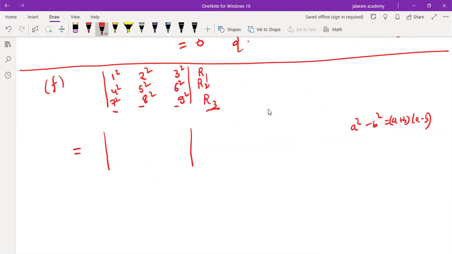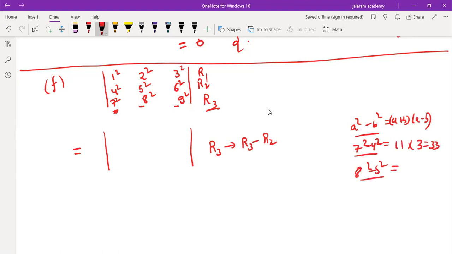So if you subtract R3 minus R2, what will you get? 7 minus 4 into 7 plus 4, using the property a square minus b square. 7 square minus 4 square, 7 plus 4, 11 into 3. It will be 33. Next, 8 square minus 5 square.